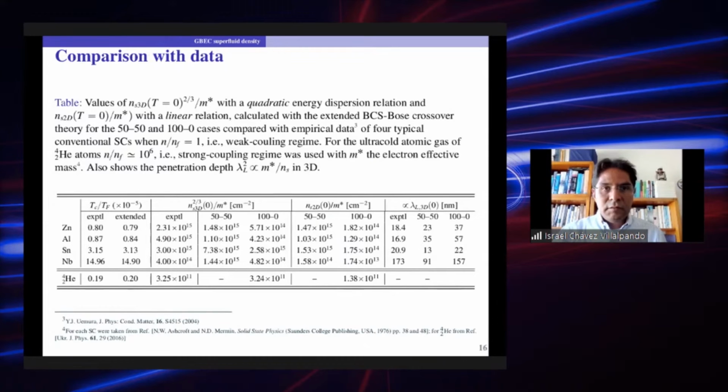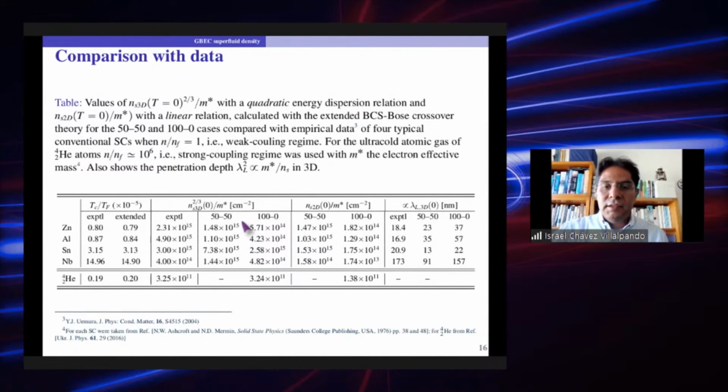Obviously, we need to compare with these cuprate superconductors, and we need the structural parameters to compare theoretically with these results. But the general behavior, that superfluid density is linear with critical temperature, for us occurs in the strong coupling.